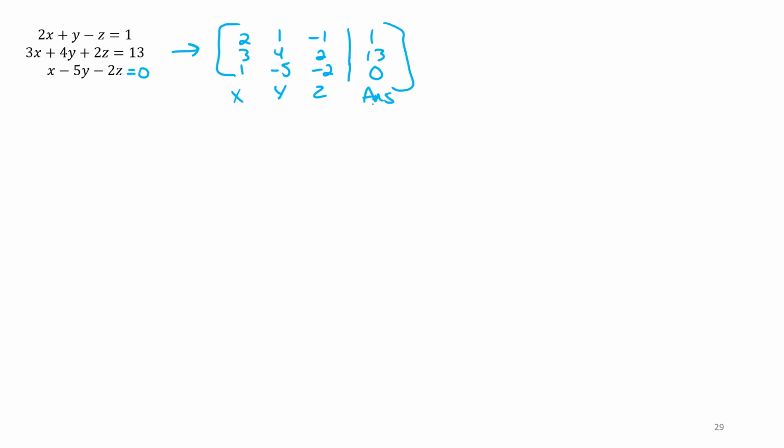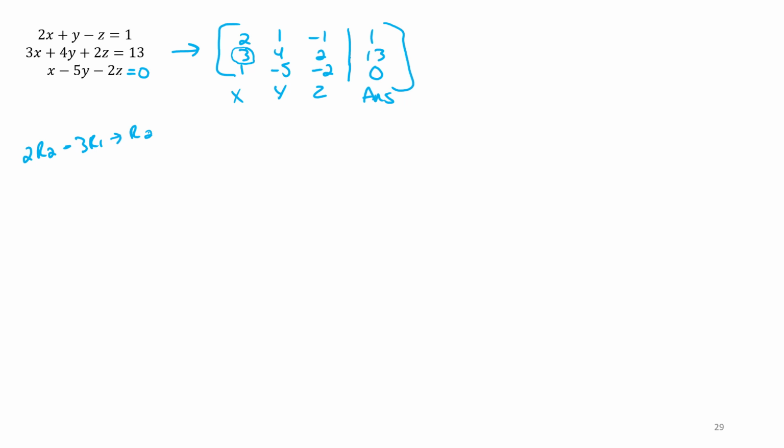And so for the row operations, we're going to try to get this 3 position to equal 0 first. So you could do multiple. We're going to take 2 times row 2 minus 3 times row 1 and return it to row 2.